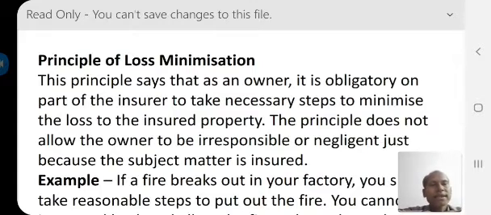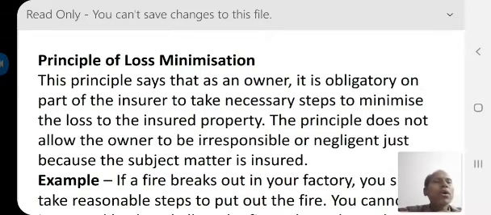Shall we move to the next principle. Principle of loss minimization. This principle says that as an owner, it is obligatory on the part of the insured to take necessary steps to minimize the loss to the insured property.